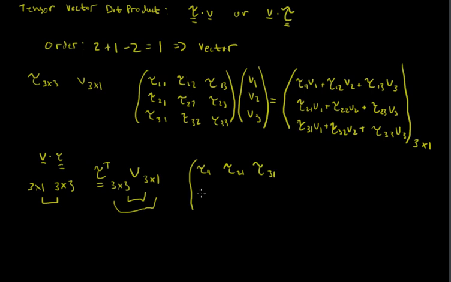Now I'm going to take the second column and put it in the second row: tau 1 2, tau 2 2, tau 3 2. And finally I'm going to take the third column and put it in the third row: tau 1 3, tau 2 3, and tau 3 3. Okay, and then I'm going to multiply that by V1, V2, and V3.